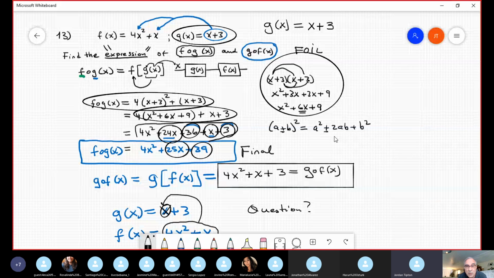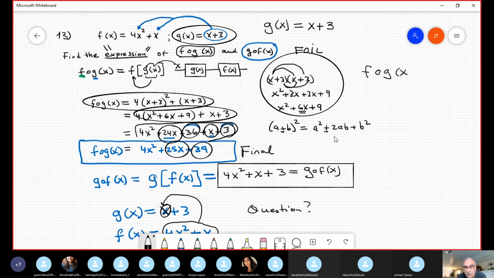Therefore, when I want to form the composition between f and g in that order, g, totally g, this expression, goes inside f. So you replace no x anymore, no x squared anymore. No. It's x plus 3 squared.